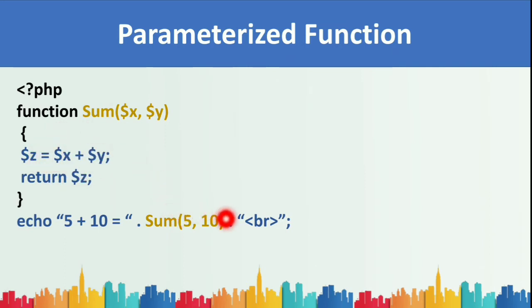So 5 and 10 are the values of x and y, the addition is done and the result 15 is stored in the memory box z, that is variable z, and we return z. This value is returned back to the same place here. So now the value of sum(5, 10) is 15.